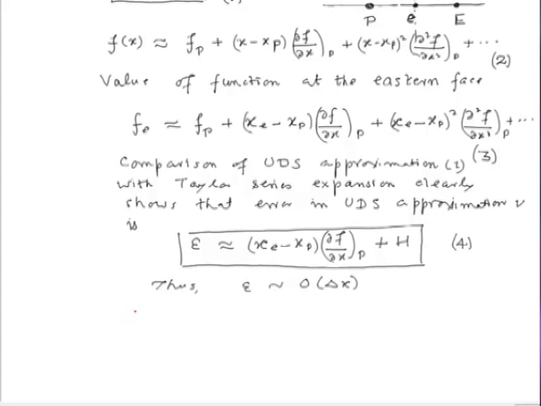Now, next let us see what other things UDS approximation introduces. Suppose f were a convective flux.